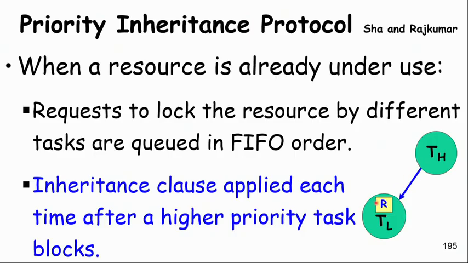Low priority task holding the resource, high priority task waiting for the low priority task to complete use of the resource, and the priority of the low priority task is raised to be equal to the high priority task, so that the intermediate priority task cannot preempt the low priority task. This is called the priority inheritance scheme.